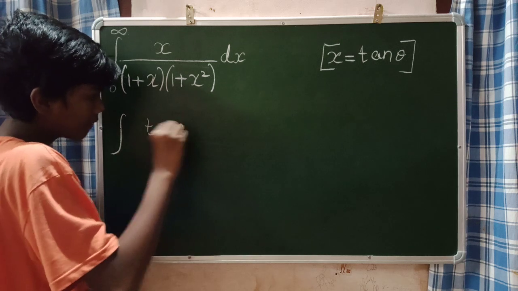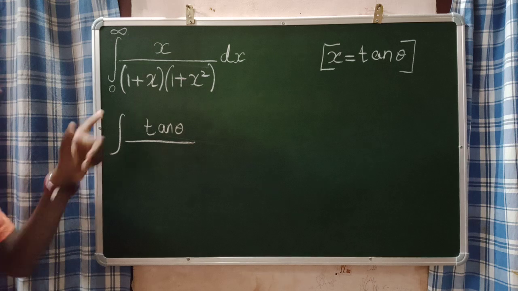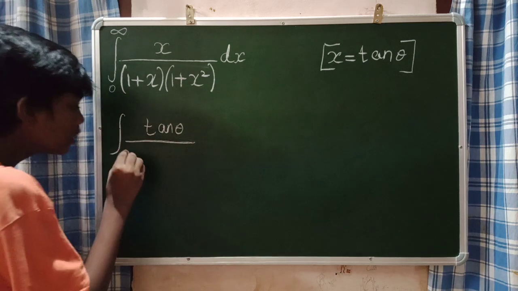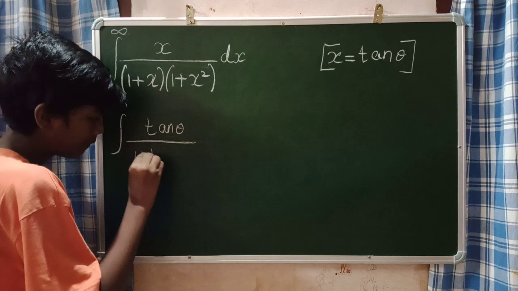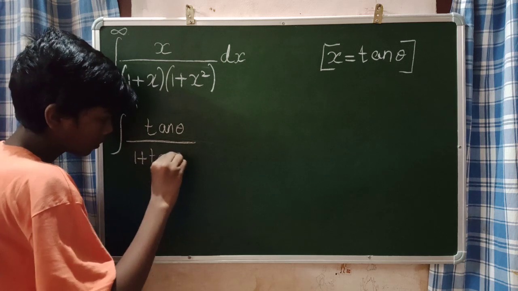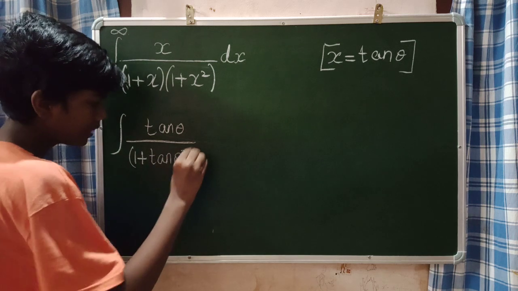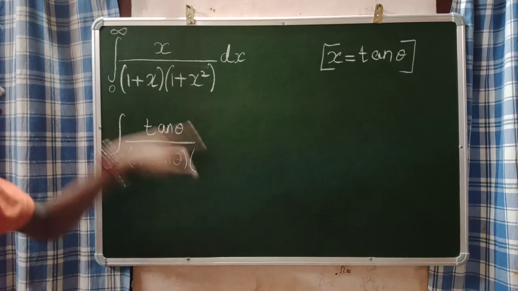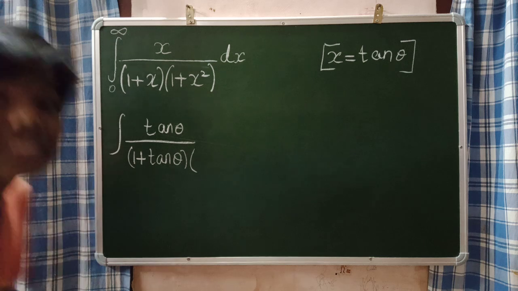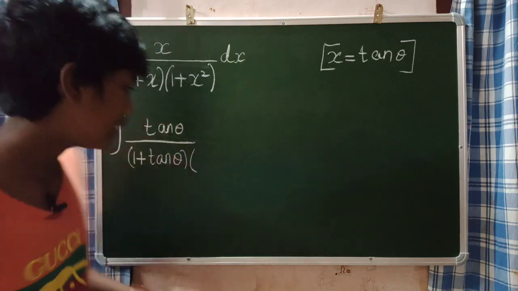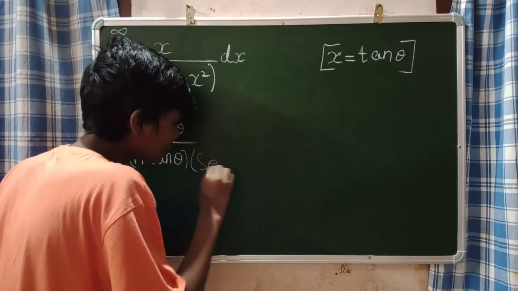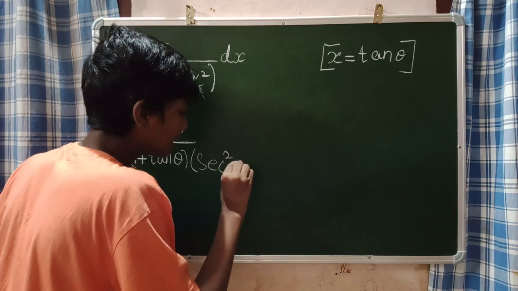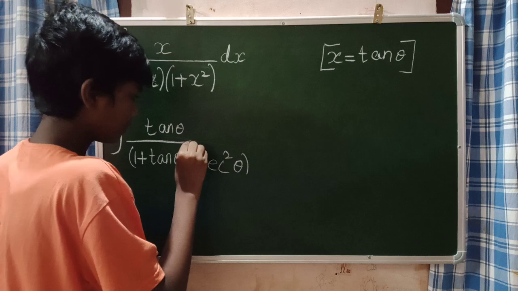Then divided by 1 plus x, which is 1 plus tan theta, into 1 plus x square, which is 1 plus tan square theta. 1 plus tan square theta is what? That is secant square theta, your Pythagorean identity, guys.